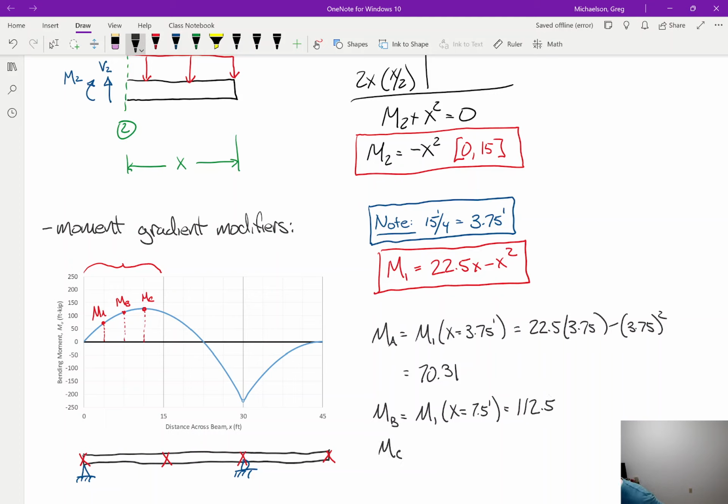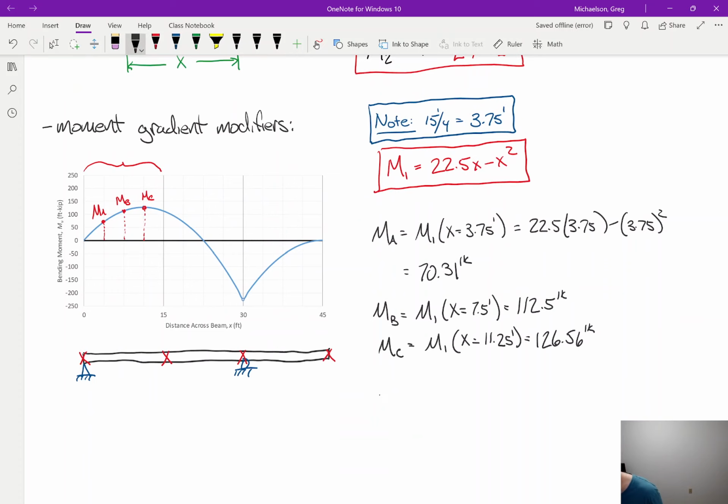And then MC is going to be M1 at x equals 11.25, which is going to be 126.56. And these are all in foot-kips, so maybe I'll put the units right here. One of the things about CB problems is that if everything's in a consistent unit system, then the units are pretty straightforward. Okay, so that's MA and MB and MC.